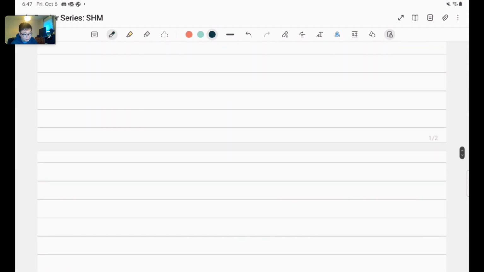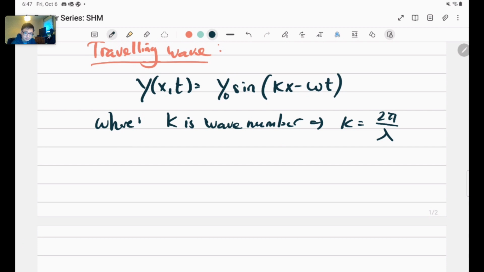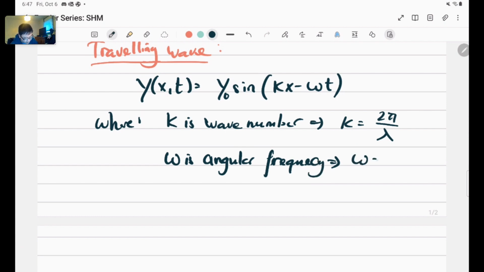In this case, k is the wave number, and k is equal to 2 pi over lambda. Same thing with omega. Omega, like I said, is the angular frequency, so omega is equal to 2 pi over T. Okay, so that's something we've been discussing.